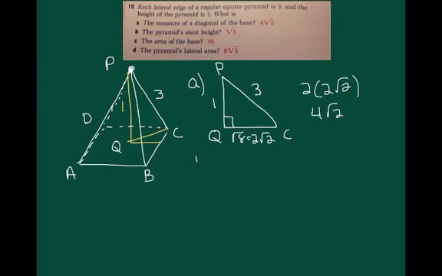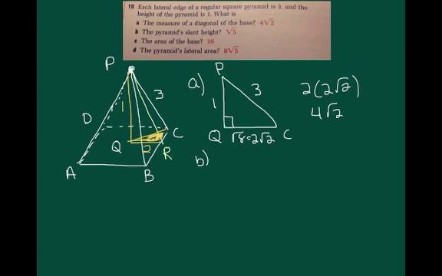Okay, let's take a look at letter B. That asks for the pyramid's slant height. Well, if I know that half of the diagonal is 2 root 2, then that makes a 45-45-90 triangle on the base. So that means that QR is going to be 2.